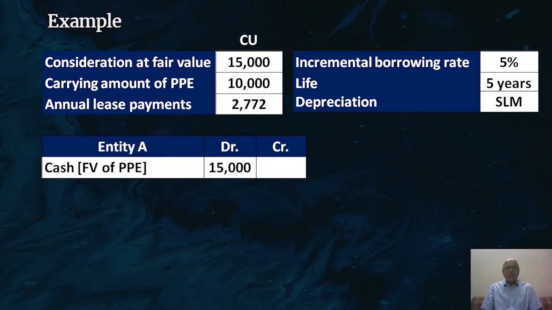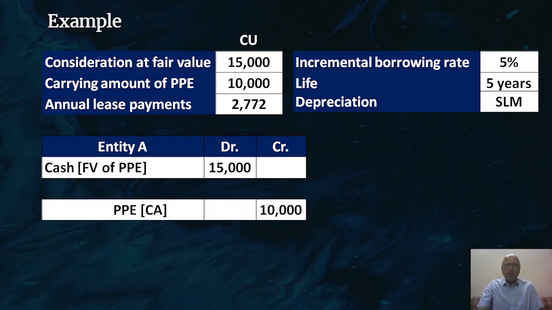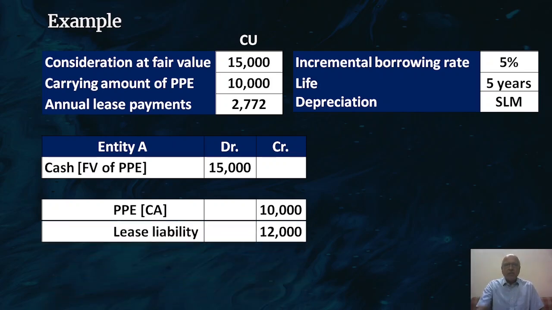So the first thing is the cash receipt, which is the fair value of PPE, 15,000 rupees. That is a debit. Now, we derecognize PPE at the carrying amount, because that has been sold. That is 10,000 rupees. Next is our lease liability, that is 12,000 rupees.